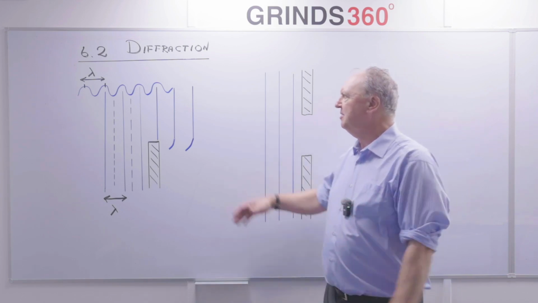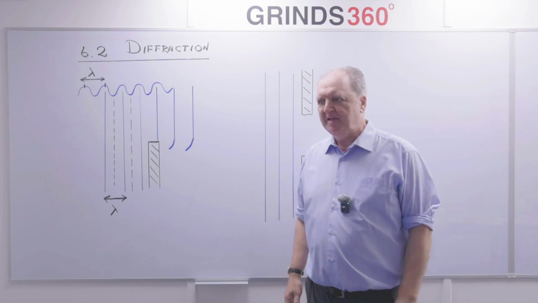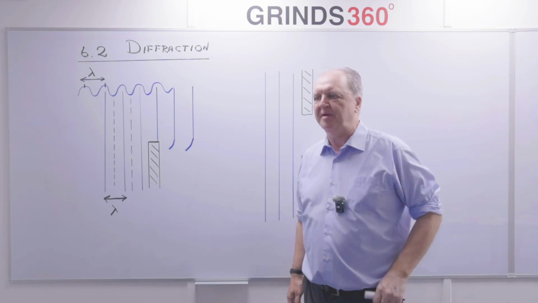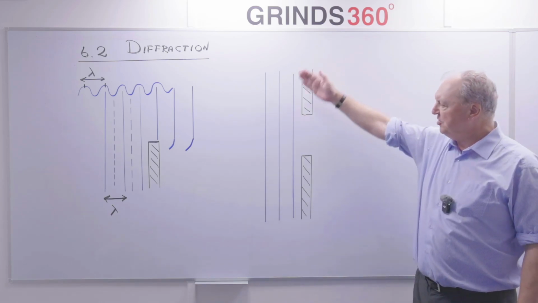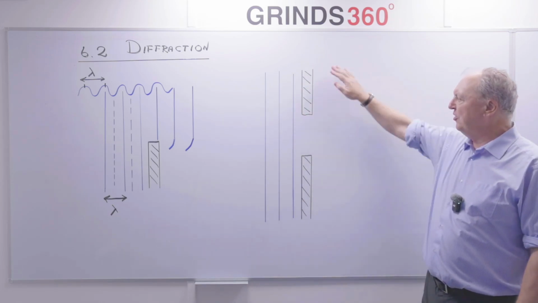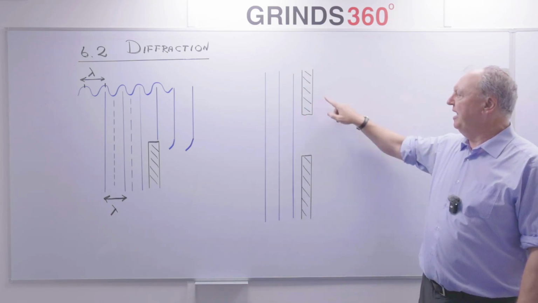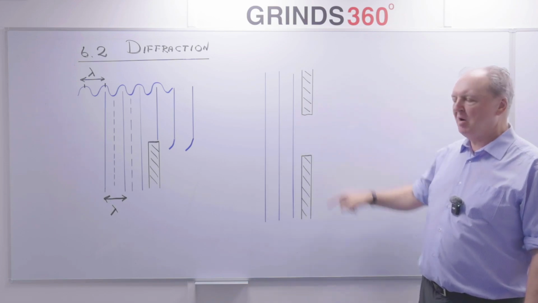Let me now progress the story. Let's go on to the next part of the diagram in your notes. So once again, here's my set of water waves, and I'm going to pass them through a gap in two obstacles.